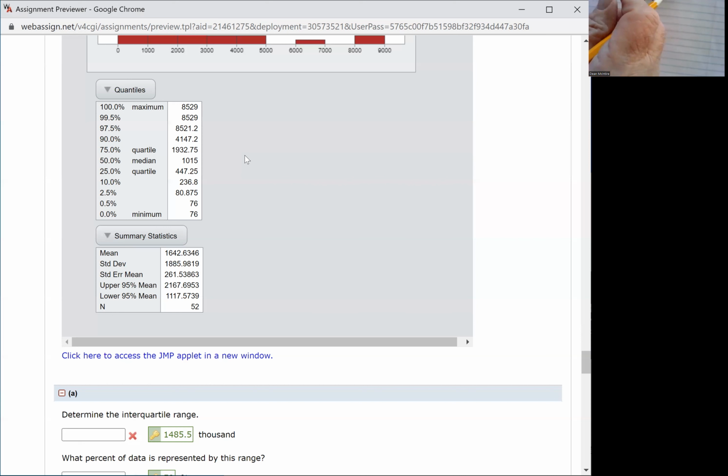Okay, and we're asked to find the interquartile range, okay? So I'm going to go there and we'll work the problem. Fair enough?